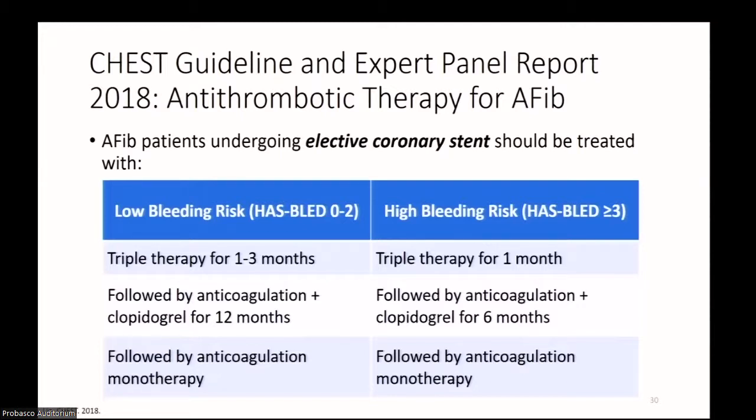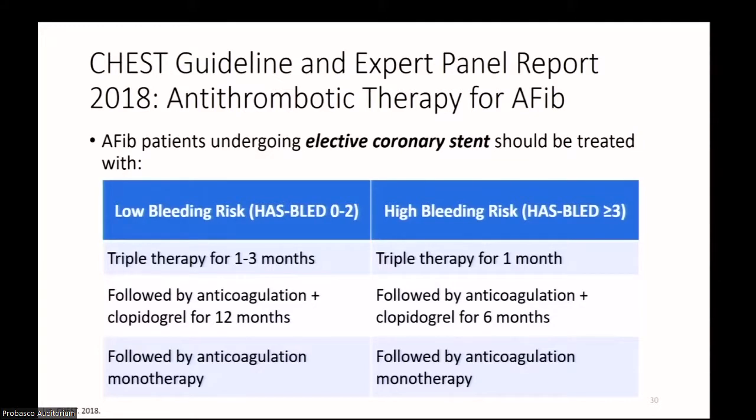So drop the aspirin. Then once your 12 months is complete, anticoag alone. Patients with a high bleeding risk, shorten that triple therapy back to 1 month. Shorten your anticoagulation plus clopidogrel single antiplatelet therapy back to 6 months, and then move on with anticoag monotherapy.